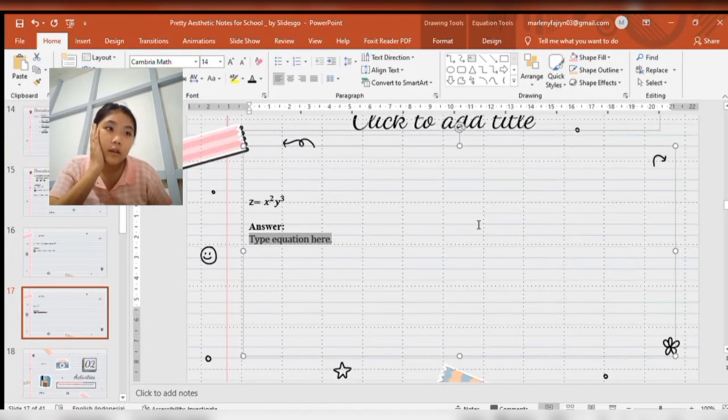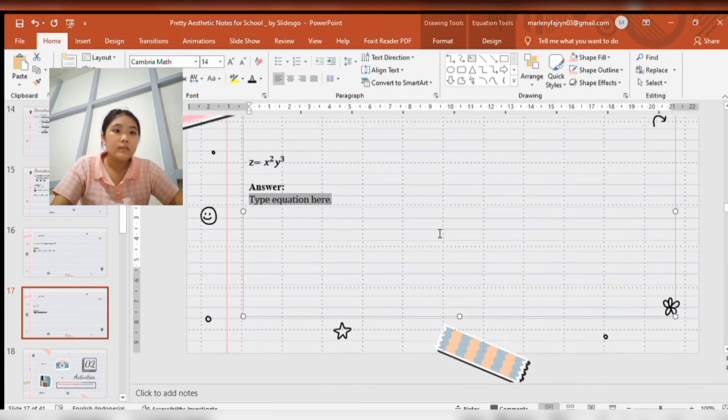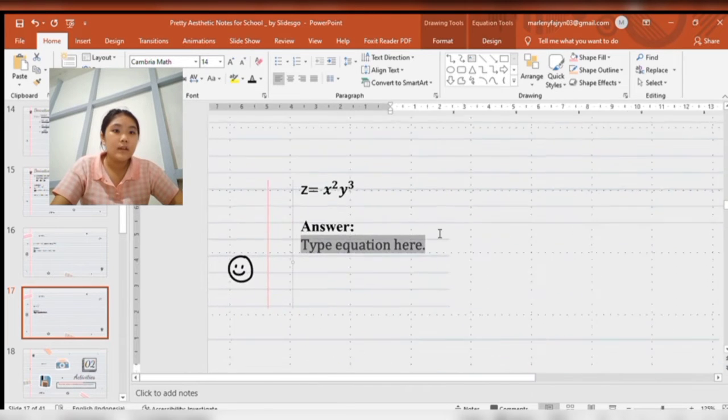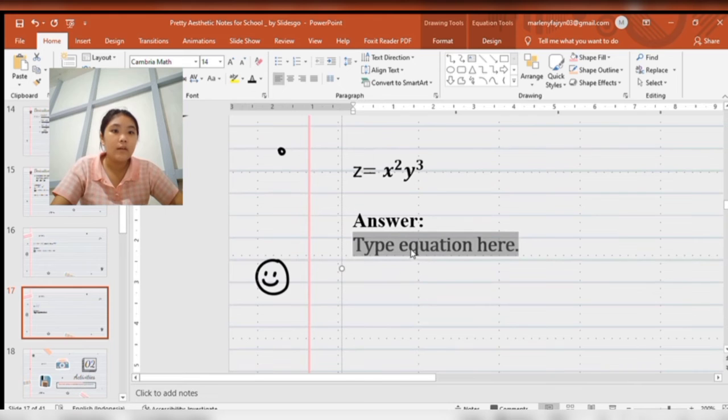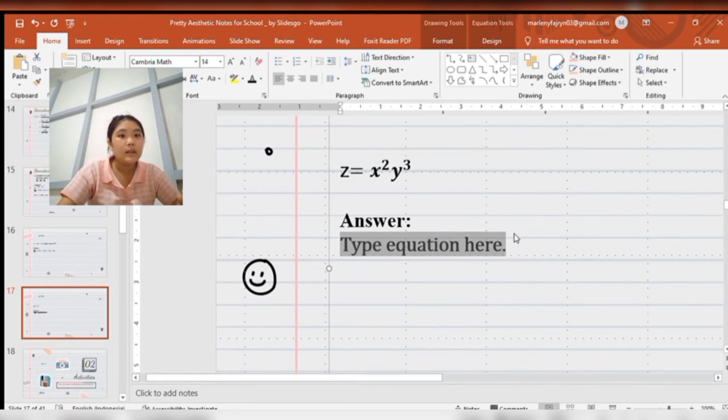Okay, now I will explain about partial derivatives. So there is a question about partial derivatives. Okay, now z equals x^2 y^3.